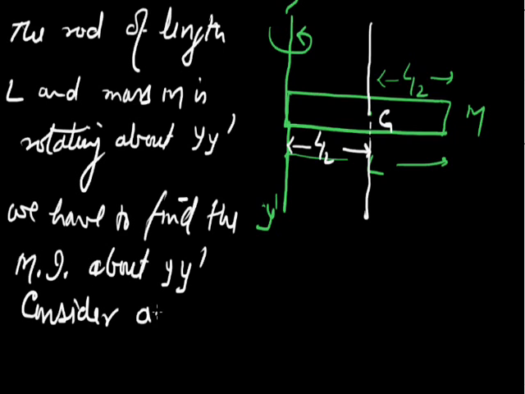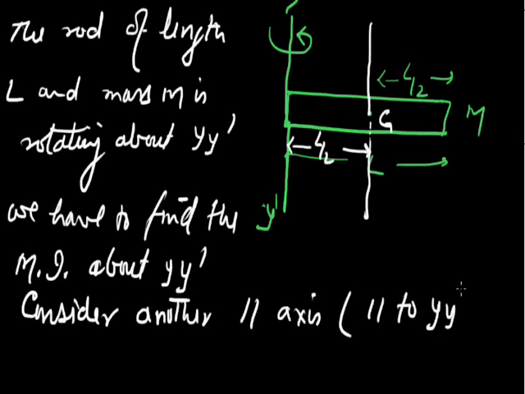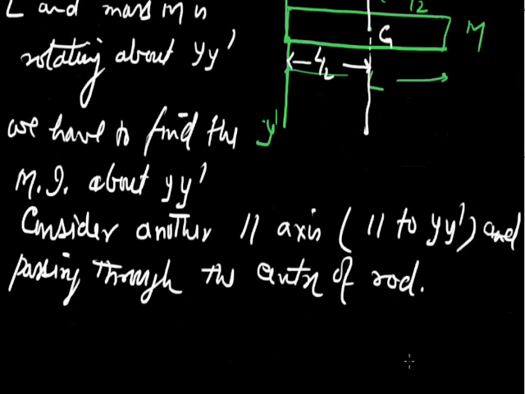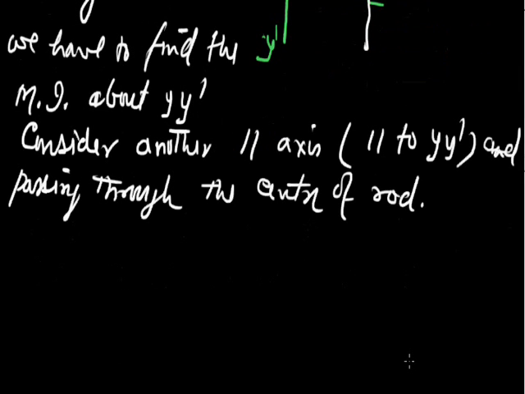Another parallel axis means parallel to y dash and passing through the center of the rod. The distance between the axes will be L by 2.